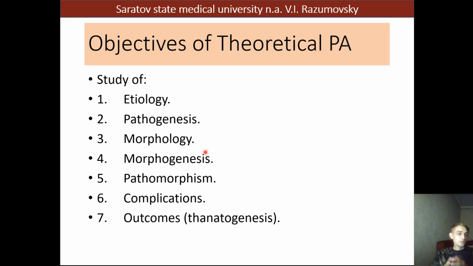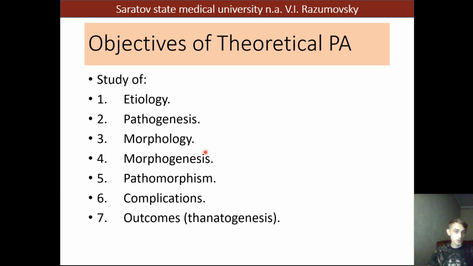Complication. Complication is the science about complications of disease. For example, the most frequent complication of myocardial infarction is myocardial failure. The failure of the myocardium will lead to brown induration of the lungs, maybe, and other processes in the patient's body.